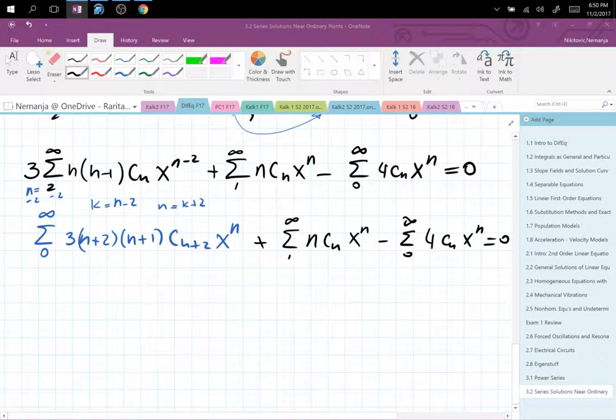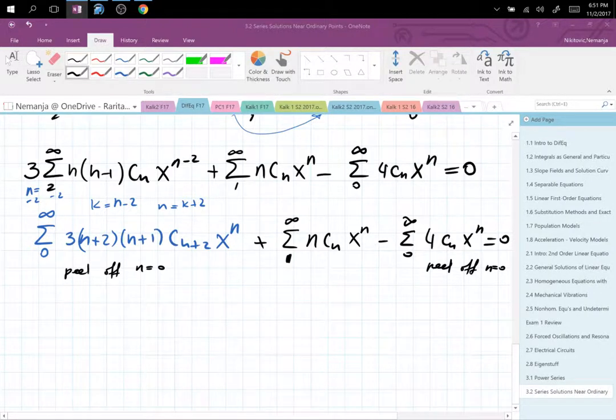Great, they all have x to the n, but they don't start at 0. We are stuck with this term that starts at 1. So we must peel off terms on the first and the last. To peel off the term on the first one, you plug in n equals 0.